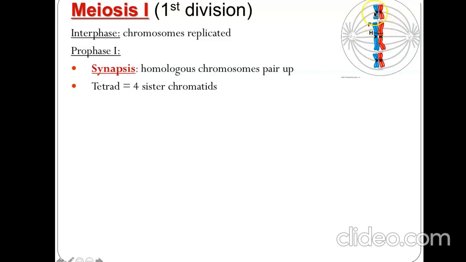Sorry if that bothers anybody, but the blue one right here is chromosome number 1 from dad and its copy. The red right here where my cursor is is chromosome number 1 from mom and its copy. Together, these are homologous chromosomes, and they consist of a tetrad with 4 chromatids.